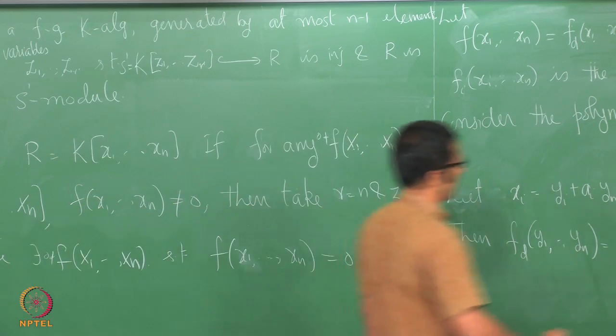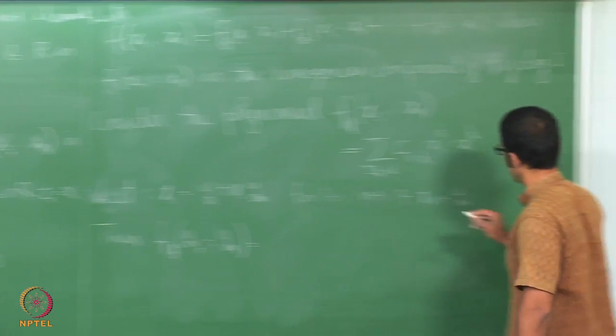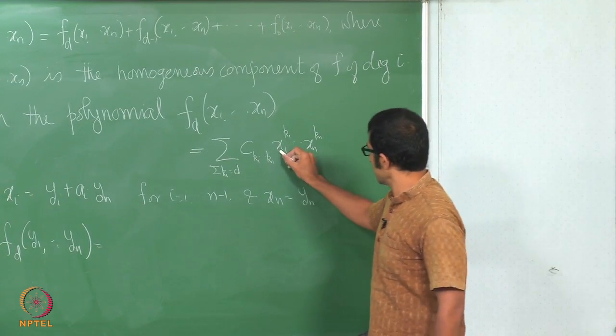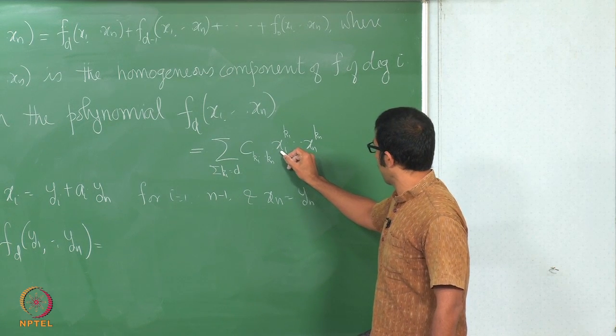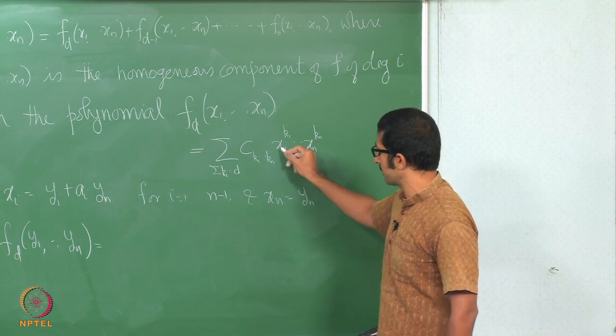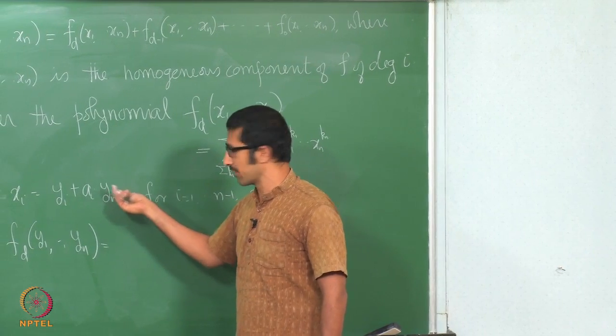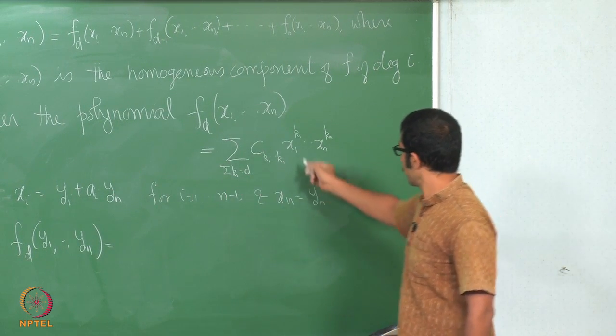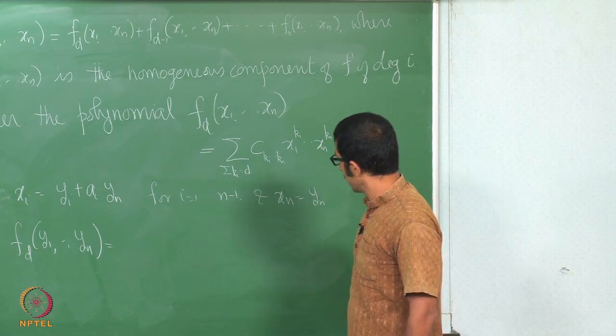So each one will become, x1 will be y1 plus a1 yn, whole power k1, and so on.